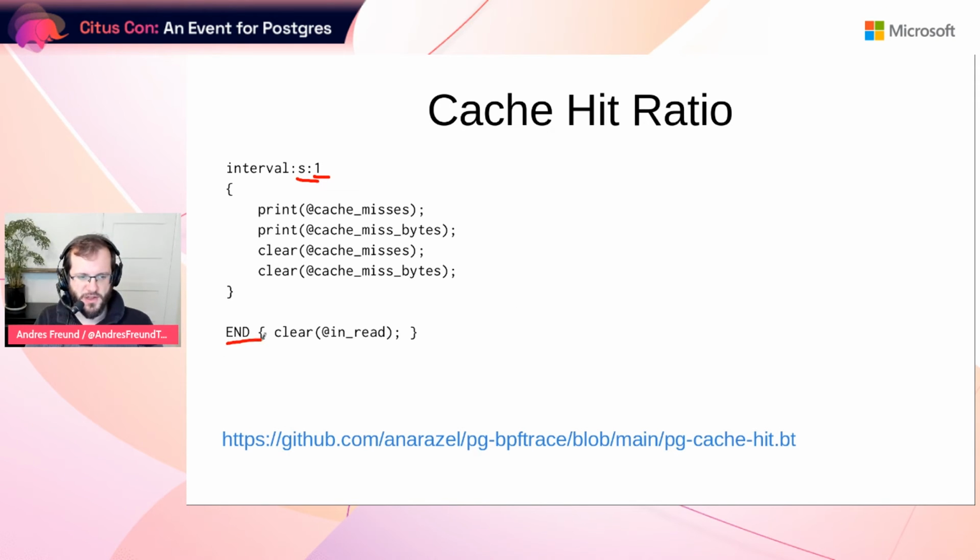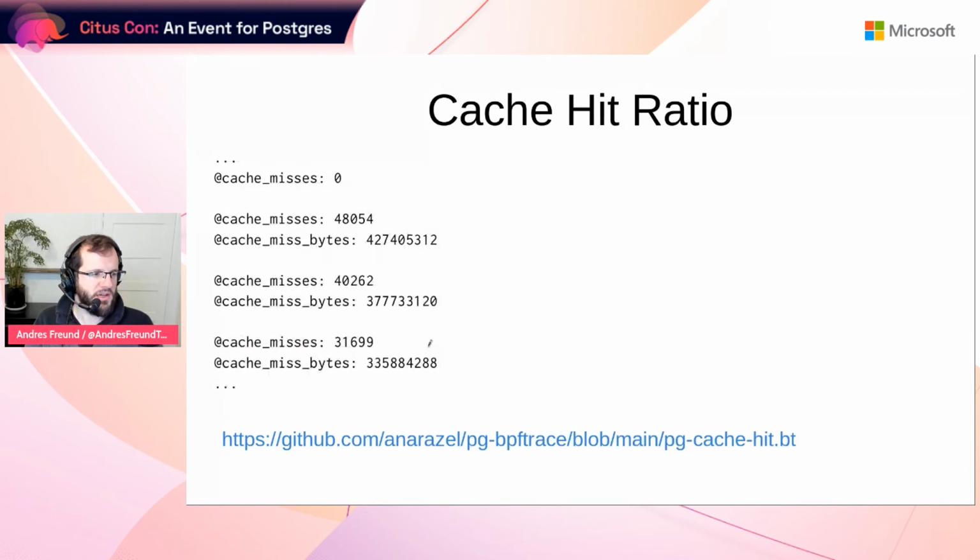Another point where we can attach an action is the end of tracing, and here we clear out that array that said whether the current thread is doing a read. What that will provide you with is that every 1 second we'll print out how many cache misses there were and how many bytes we were missing. It'll keep on going until it's done. And if nothing's happening, it'll say there's 0 cache misses, or if there's more, there's more.